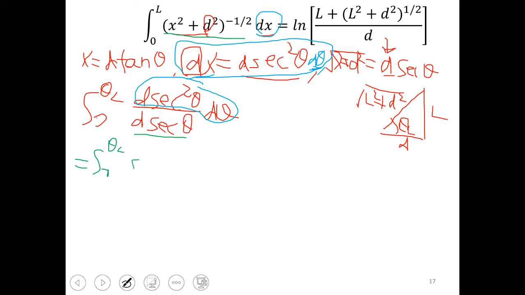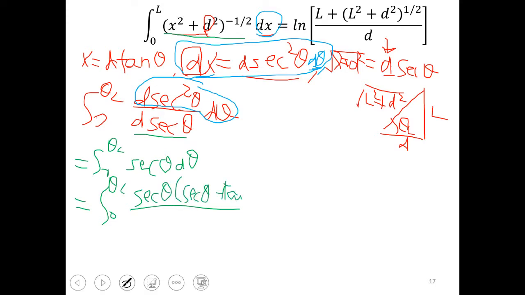Integral from 0 to theta L of secant theta d theta, and you multiply by secant theta plus tangent theta. You multiply secant theta plus tangent theta.